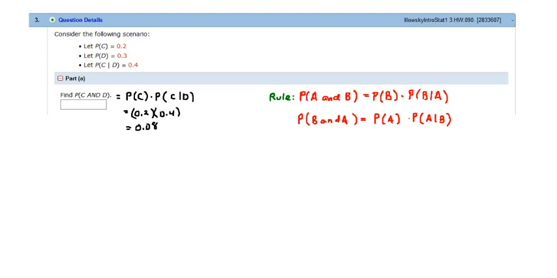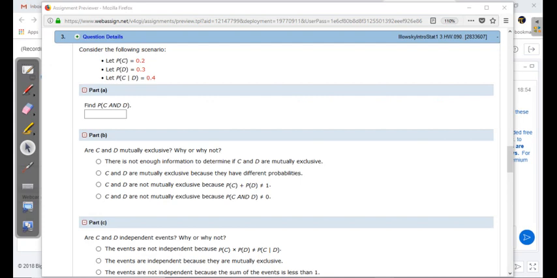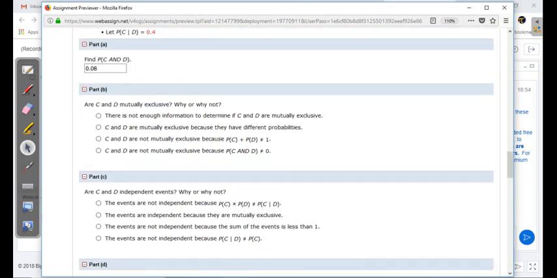So let's go to our problem, 0.08. Okay. Are C and D mutually exclusive? Well, probably C and D are not mutually exclusive right here. I think we should say that there's not enough information really to give us that because they have different probabilities.